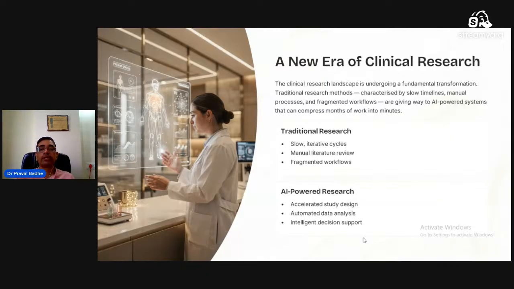With the help of AI-powered systems, we can now reduce that workload from months to hours and minutes. So we are accelerating literature review, study designing, analysis of the data, and taking intelligent research support for understanding the drug, which can then be commercialized and brought to market, and doctors can also have decision support.